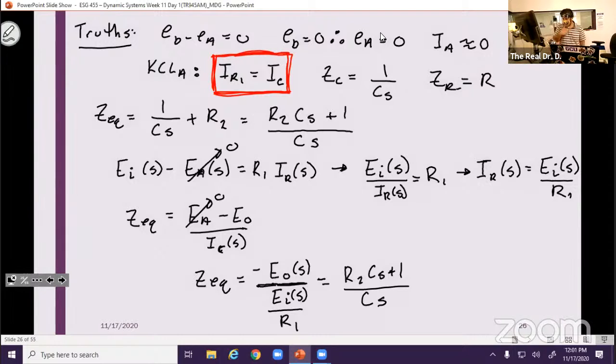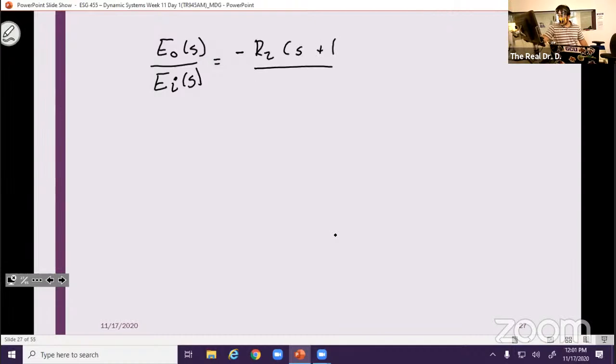Okay. So we end up with, sorry, not ZEQ. We end up with E out of S over E in of S is equal to negative R2CS plus 1 over R1CS.